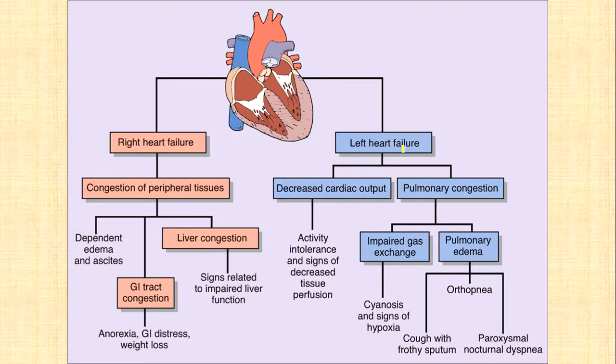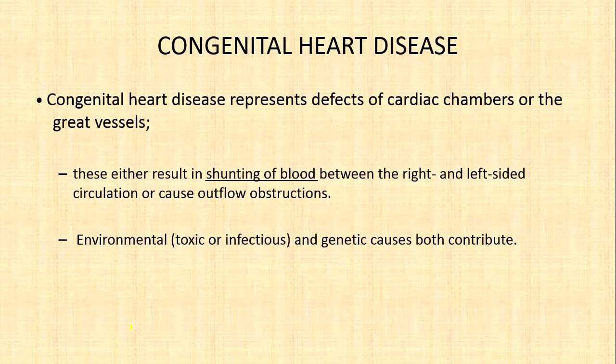The features of left-sided heart failure are cough with frothy sputum, orthopnea, and paroxysmal nocturnal dyspnea. I've told you the pathophysiology in the previous lecture, how these symptoms develop. And in right-sided heart failure, we have just studied that there will be congestion of the peripheral tissues, dependent edema and ascites, and congestion of the liver and GI tract can develop.